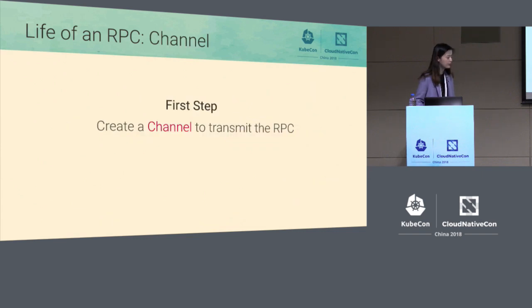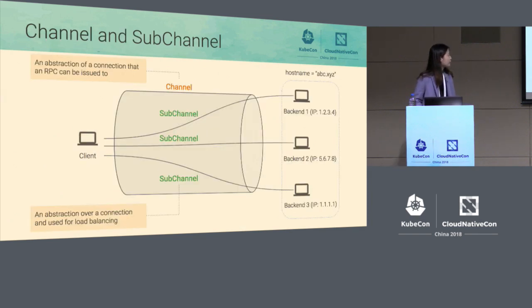Okay, so the first step to make an RPC call will be to create a channel to transmit the RPC call, if there's no existing one that you can use. So let's see how to create a channel in gRPC. Before that, let's define 2 very important concepts in gRPC, which are channel and subchannel. A channel is an abstraction of a connection that an RPC can be issued to.